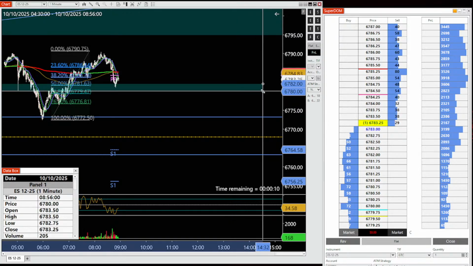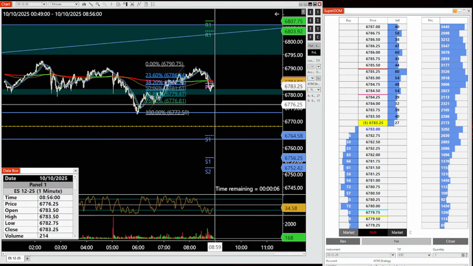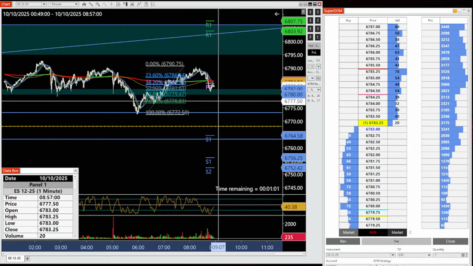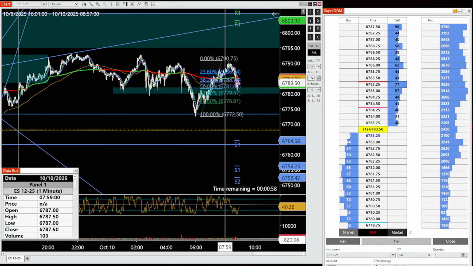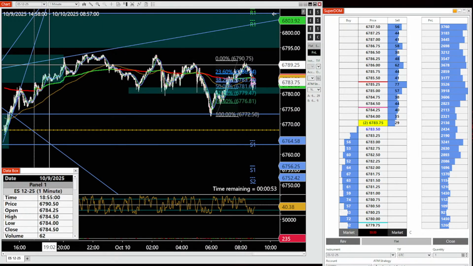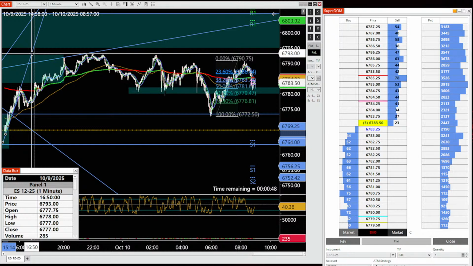Try to get to the end of the day just to have it for the rest of the day. I'm gonna lock this in so it won't move when I start moving around and touching stuff. So we're back in this range here from yesterday, previous day's range.